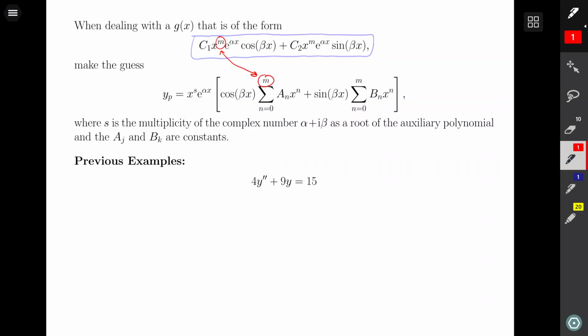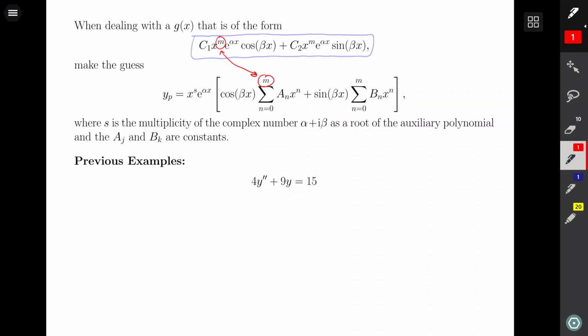Remember the one with x squared cosine x? We included the constant, the x term, and the x squared term. The one that involved x, we put the constant and an x term. And the one that was just a constant, we had only the constant. The e to the alpha x takes into consideration the appearance of any exponential inside g of x. And this x to the s right here, that incorporates that in the previous 2 examples where we had to add the extra power.